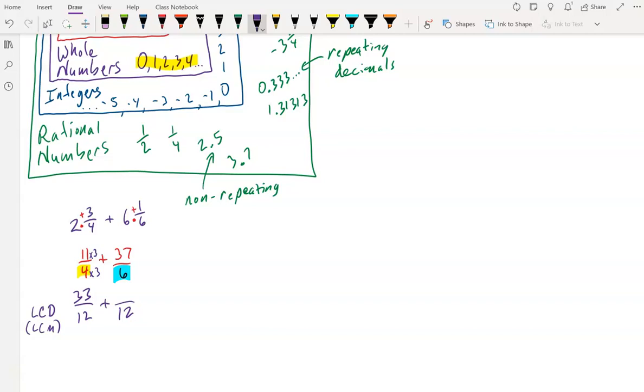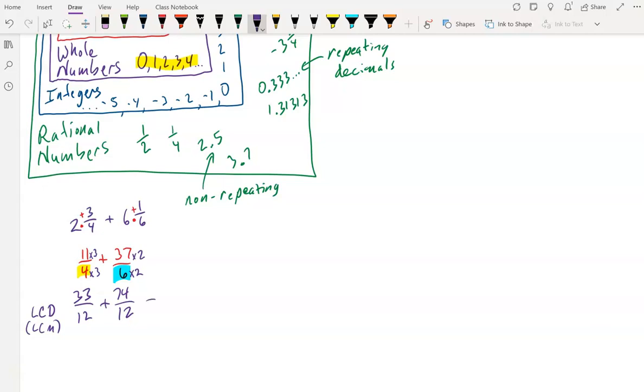And I have to do the same thing with the 6. 6 times 2 equals 12. But what's 37 times 2? Oh gosh, that's 74. So now I have 33/12 plus 74/12.